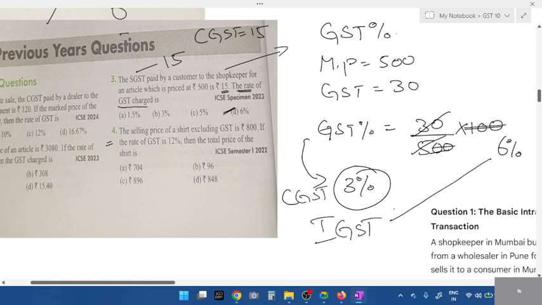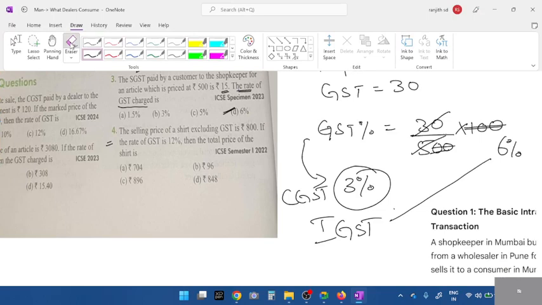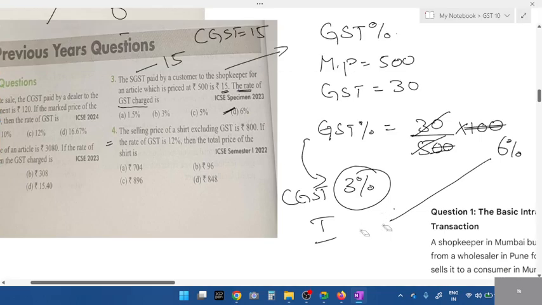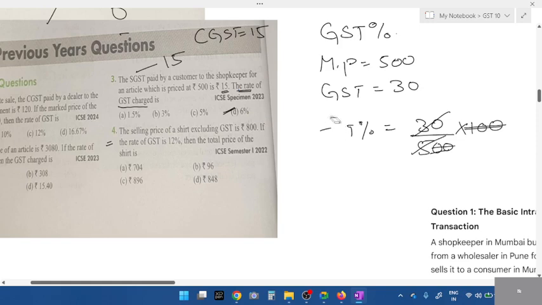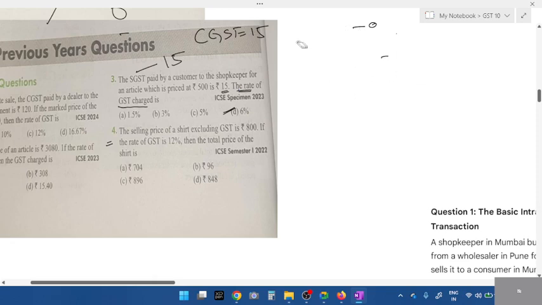No, not nil. Is anything mentioned here? Interstate, intrastate? Correct. Nil, nil. What you answered is right. The reason is they mentioned SGST. If they mention the word SGST, which one is this? Same state or different state? Same state concept. Correct.